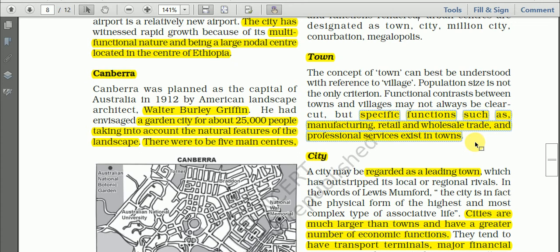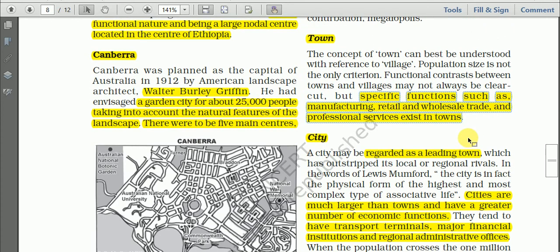Whereas villages mainly perform primary activities, towns mainly perform non-primary activities.